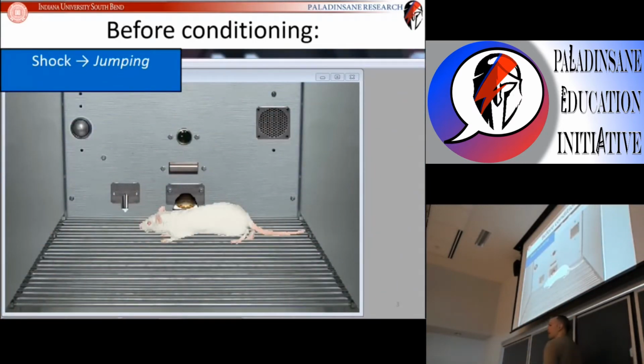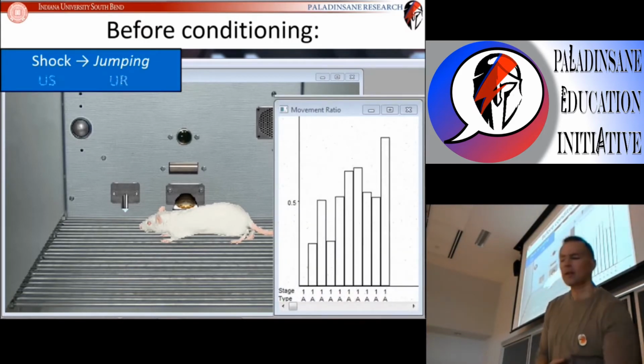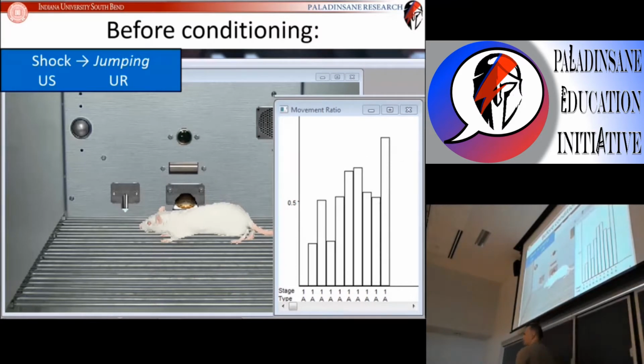So if we were training rats instead, and we had the unconditioned stimulus of a shock, that would cause the unconditioned response of jumping. So if we set up this floor here to shock this rat, what would happen even before any training, before any conditioning?